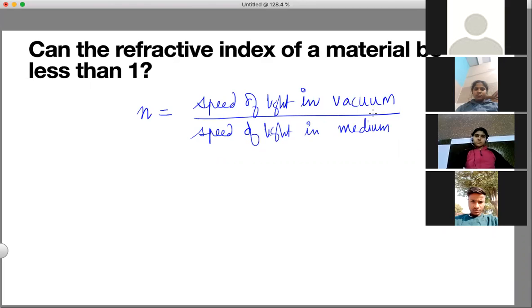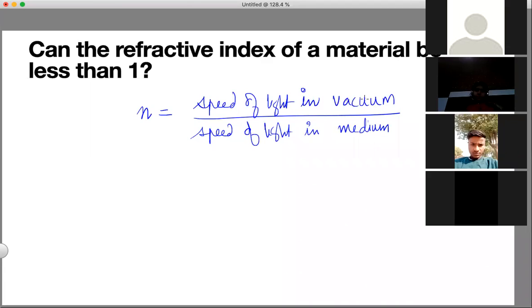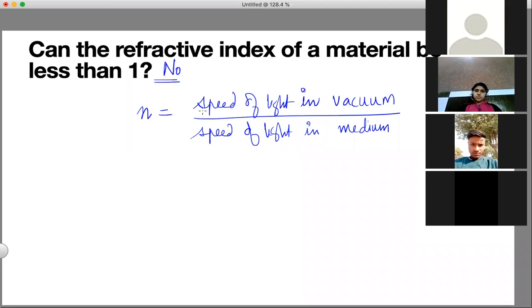For this to be less than 1, the speed of light in the medium should be more than the speed of light in vacuum, right? Which is not possible, right? The speed of light is highest in vacuum. So no medium can have a refractive index less than 1. 1 is the refractive index of vacuum, which is the smallest. Okay.